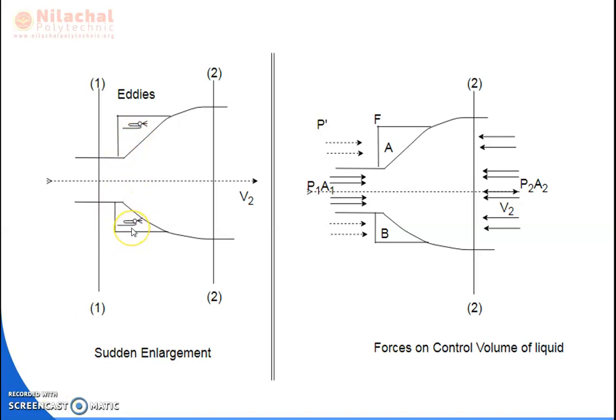Forced vortex means there is energy with which the water is rotating at that place, and due to that some amount of water foam is created, and due to that the loss of energy takes place in the pipe, that is known as kinetic energy loss. So at this point and this point there is a loss of energy.